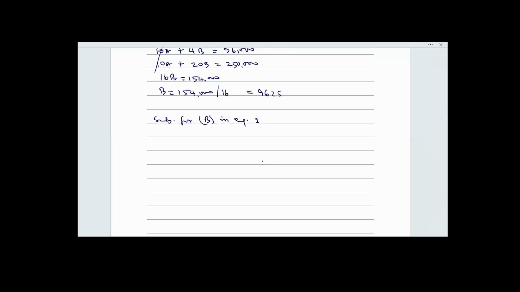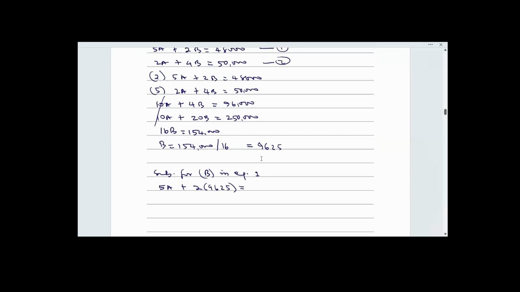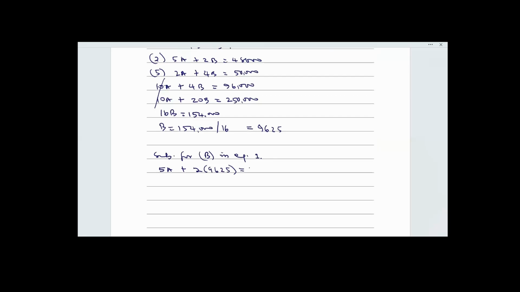So equation 1 is 5A plus 2 times 9,625 equal to 48,000. So 5A will be equal to 48,000 minus 9,625 multiplied by 2, which is 19,250.